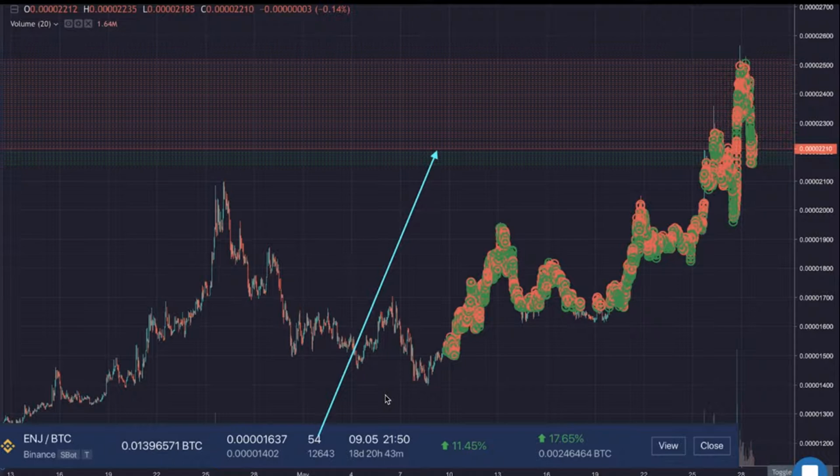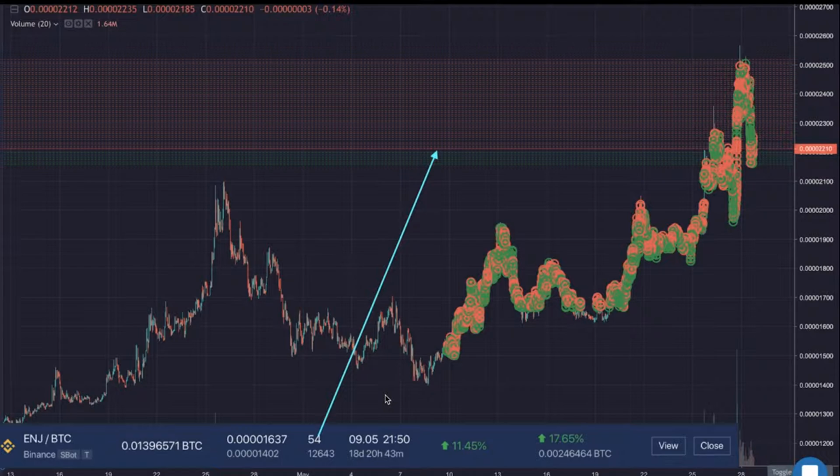It has managed to execute in total 12,000 trades only within a period of 18 days. So it has managed to seize in total 12,000 price swings that occurred during this period of time.